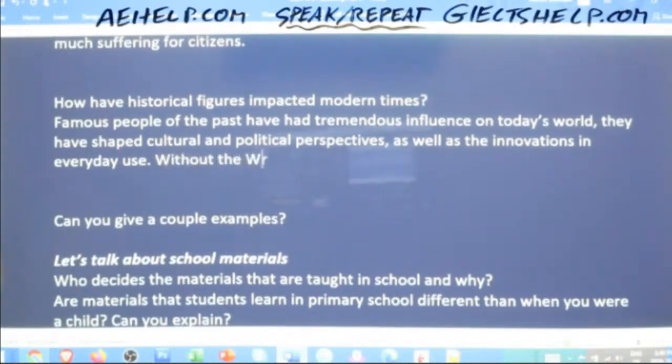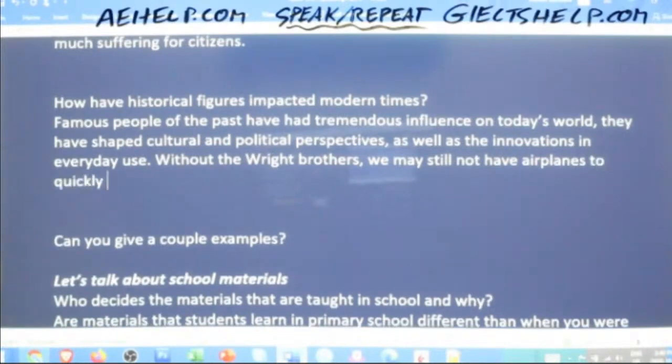Without the Wright brothers, we may still not have airplanes to quickly get us around the world.